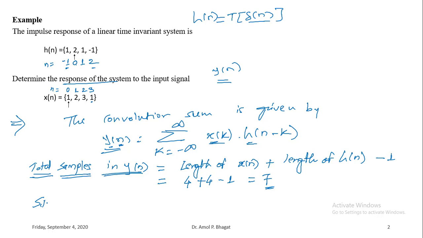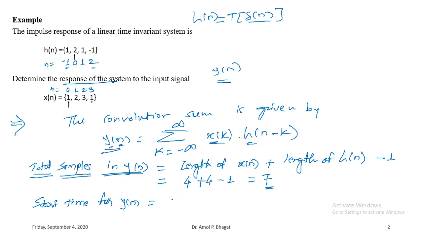How will it be identified? We add the lowest limit of x and the lowest limit of h, or simply the start time of x and the start time of h.